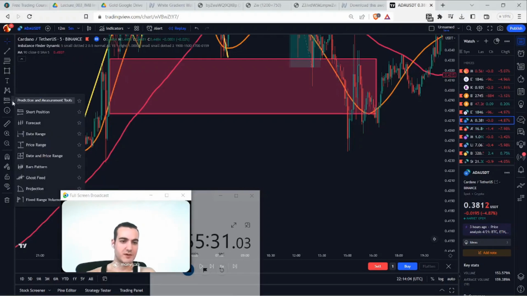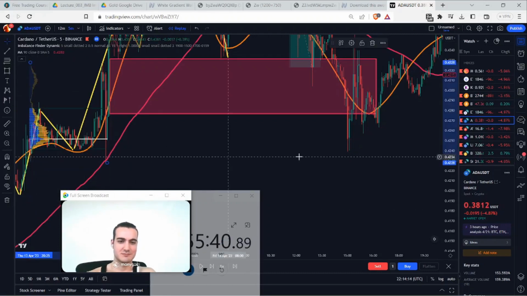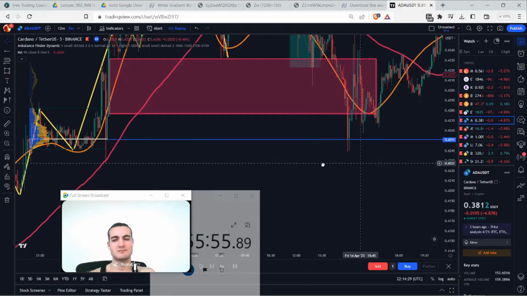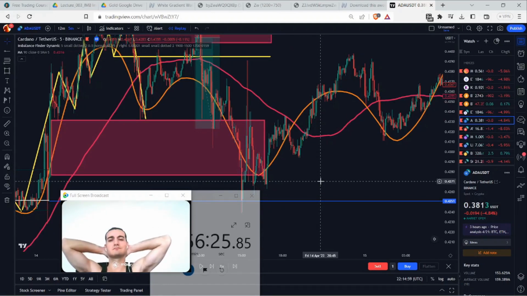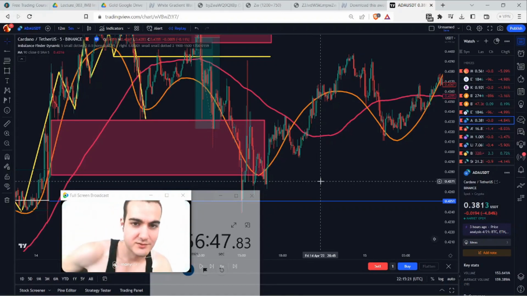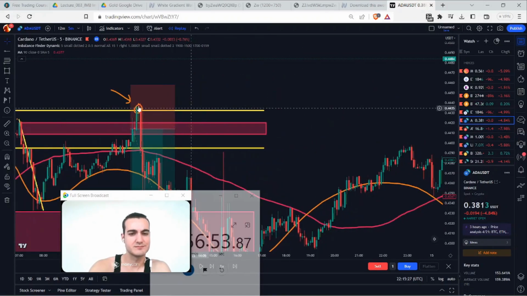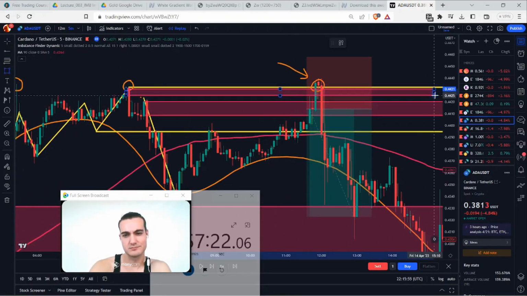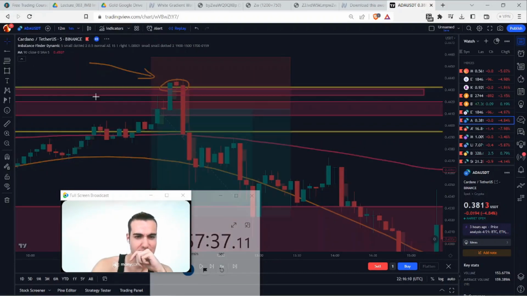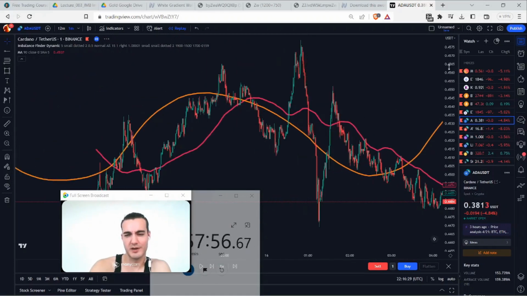There's that fixed volume profile. Fixed range volume profile. That's the only thing that bothers me with this. Where am I?